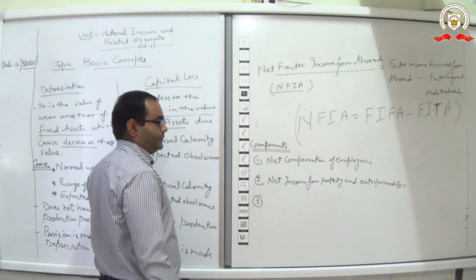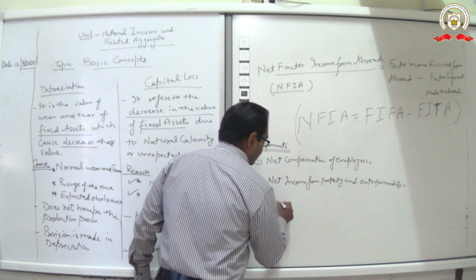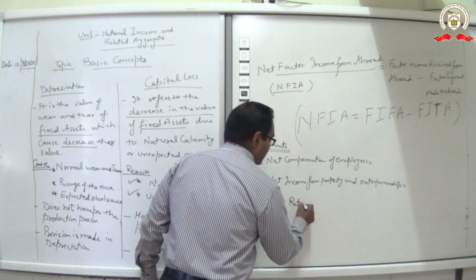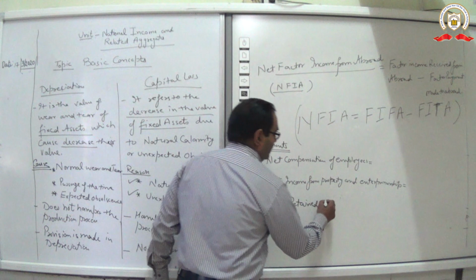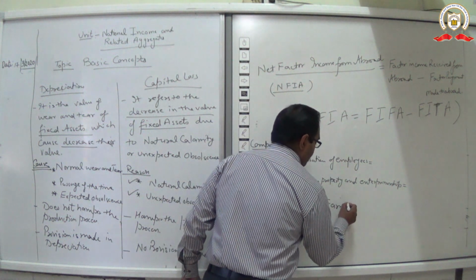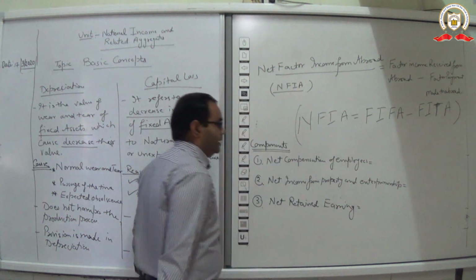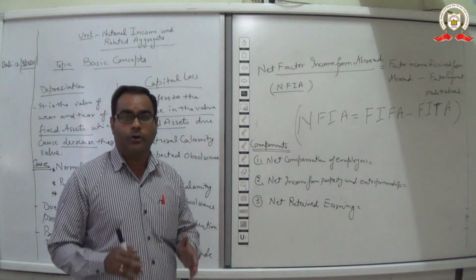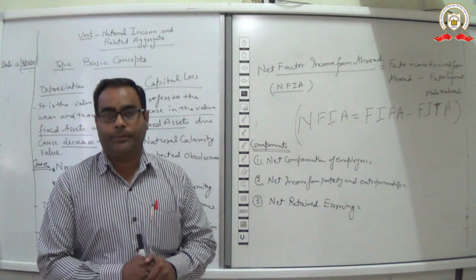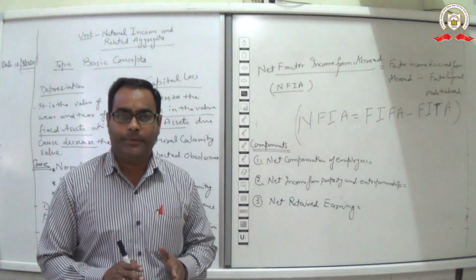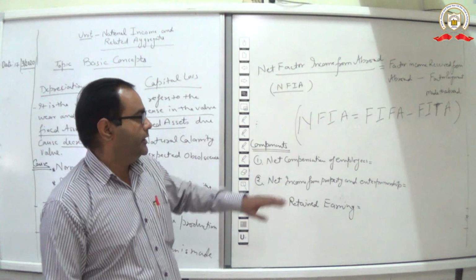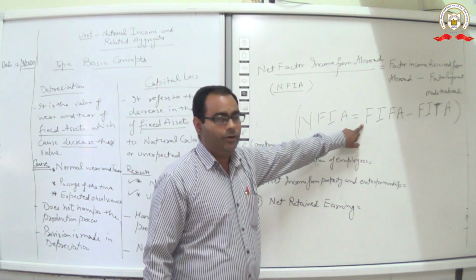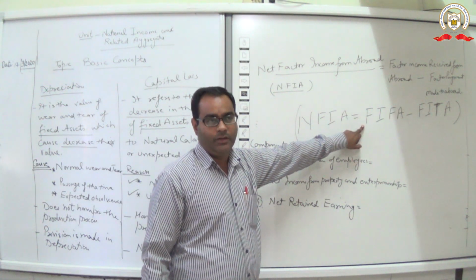The third concept is net retained earning. Again, net retained earning refers to the part of income which is kept by the Indian companies working abroad, and it comes under the heading of factor income from abroad.